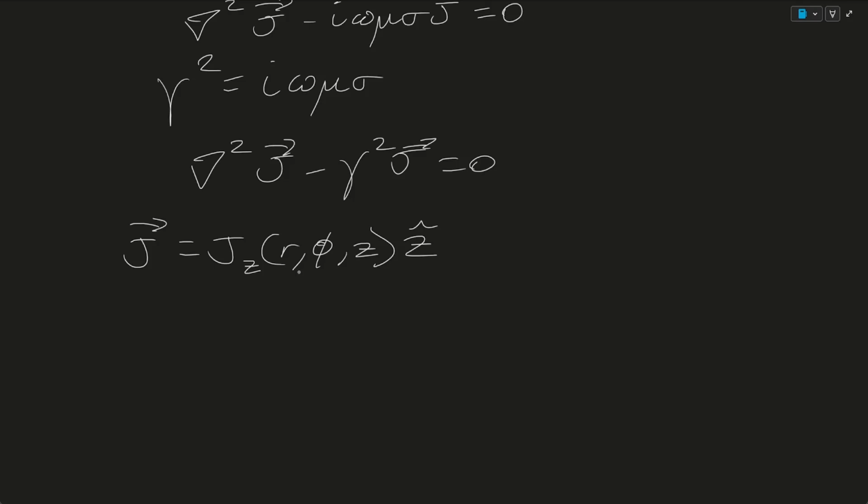And by symmetry in a cylinder, current can't depend on the azimuthal angle, and also it doesn't depend on z because it's an infinitely long uniform wire. So it's actually just a function of our radius.